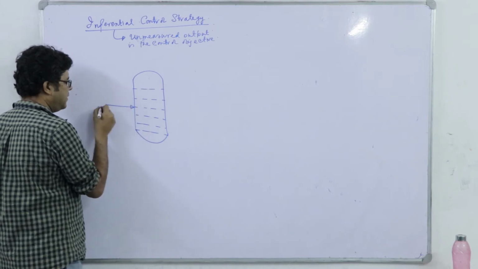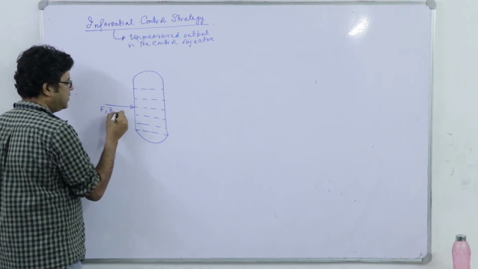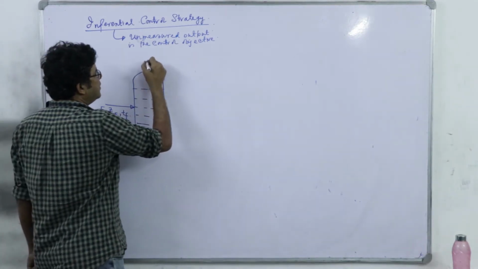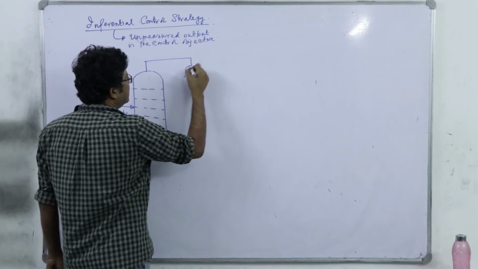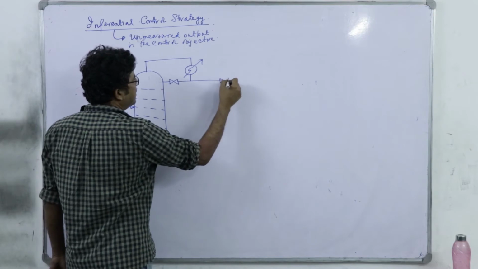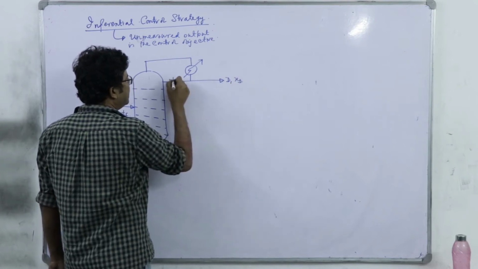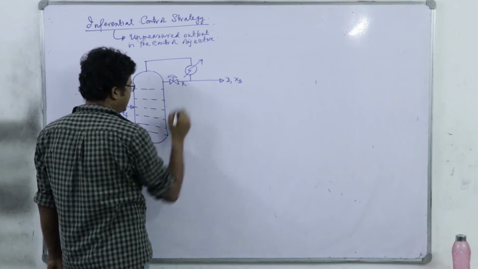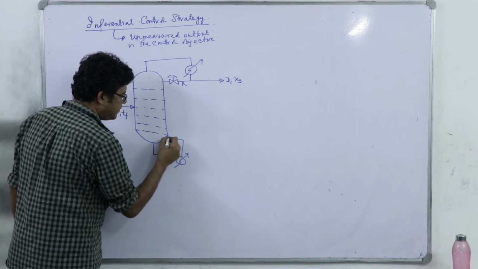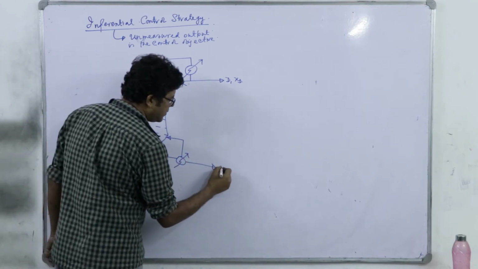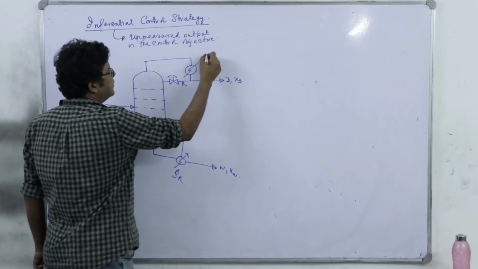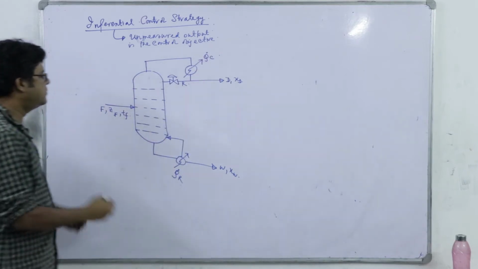The feed F, Z, or whatever, Z_F, T_F, condenser, distillate, R, partial reboiler, this is Q dot R, this is Q dot C. Right.